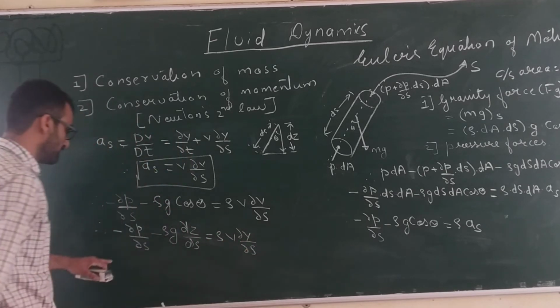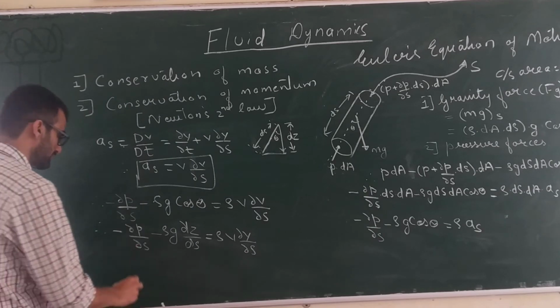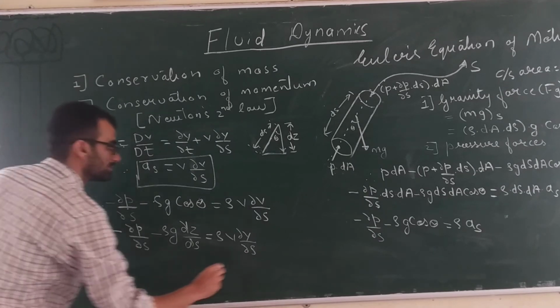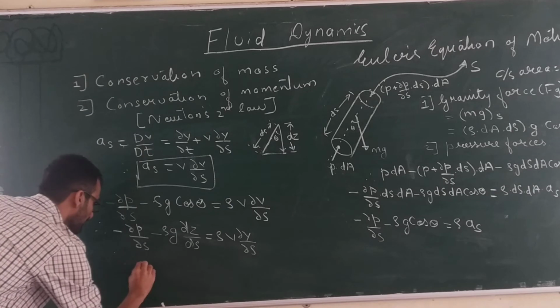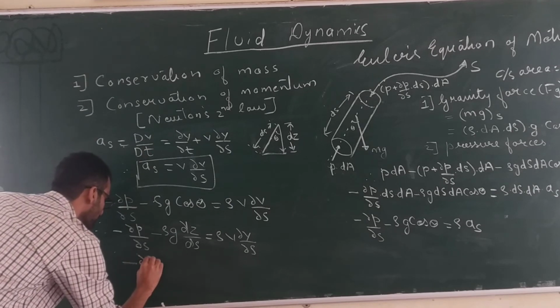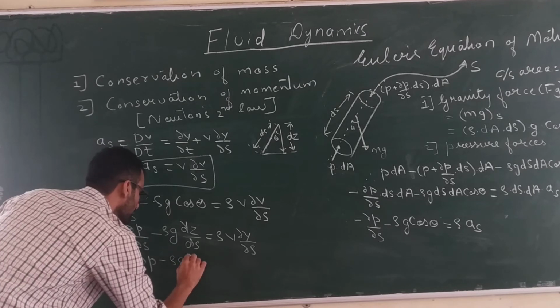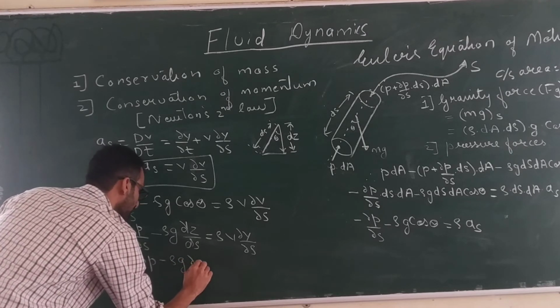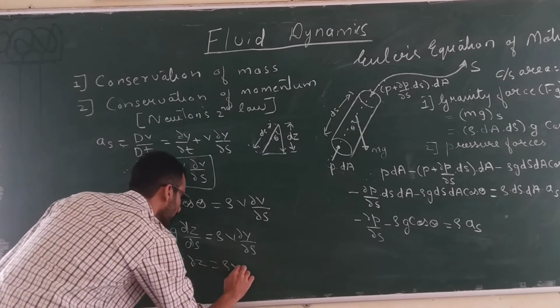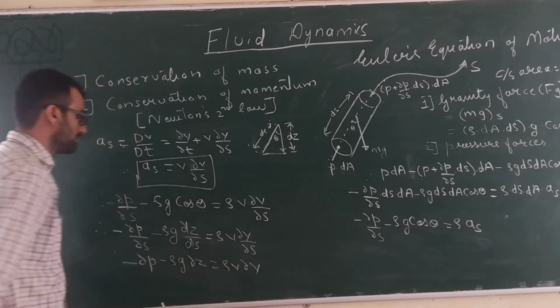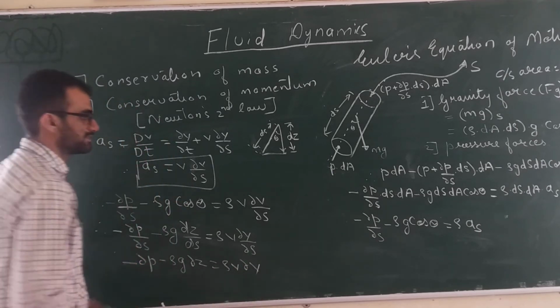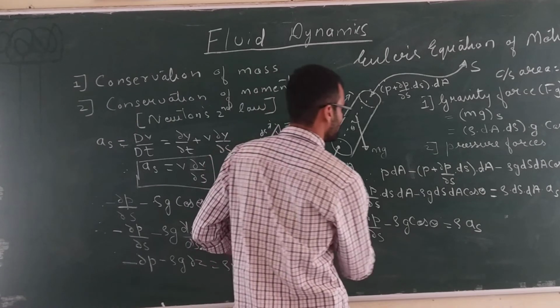Okay, so now multiplying by del s you get, therefore we have minus del p minus rho g del z equal to rho v del v. Okay, now divide by rho. Let's see what we get if we divide it by rho.